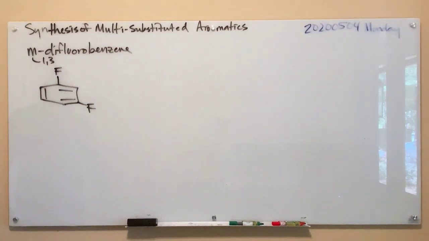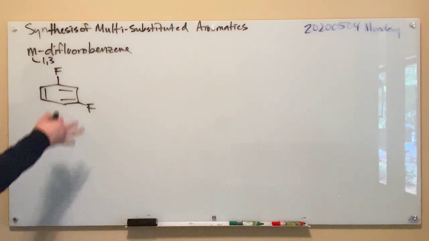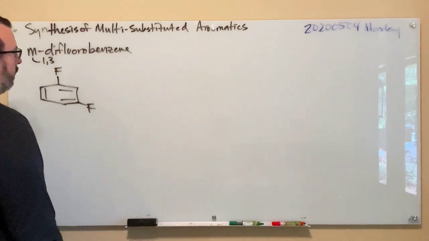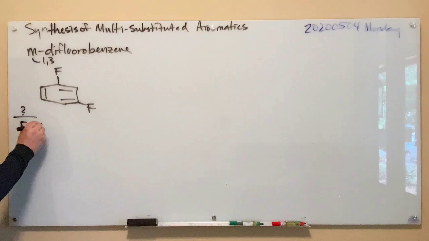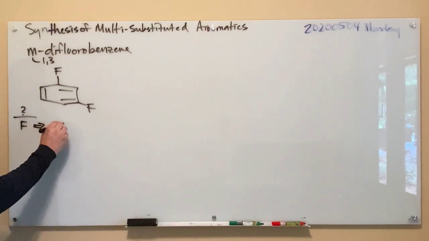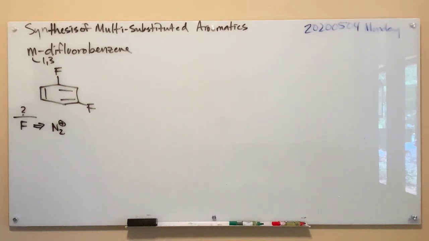So we have 1,3-difluorobenzene. And so basically, before we get into the actual strategy, we can say, how do we get fluorine onto a ring? So we can do a little retrosynthesis here, and we can say that fluorine is installed through the diazonium substituent.